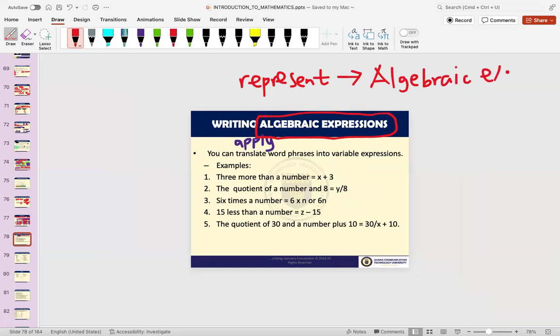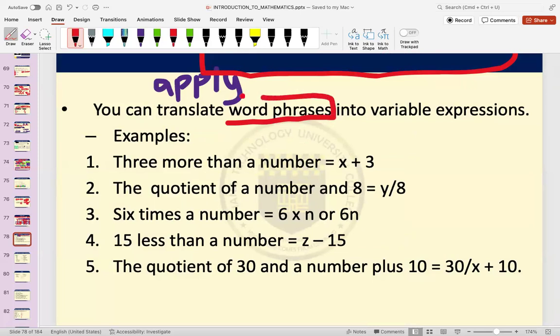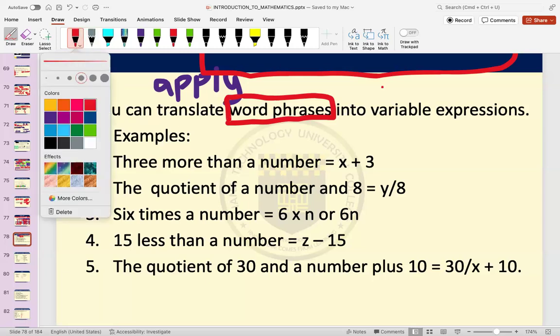We want to represent stories and real life situations with algebraic expressions. So let's start gradually. Let's start with the fundamentals. So I'll use a word phrase and then we'll change the word phrases into algebraic expressions. These are the simple ones.